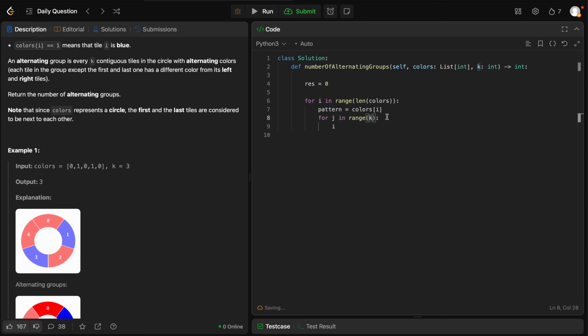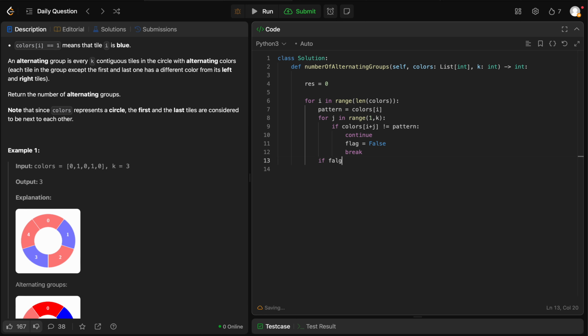For j in range 1 to k, if colors of i plus j is not equal to pattern, then continue, else flag is equal false and break.